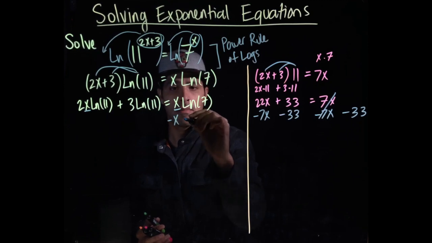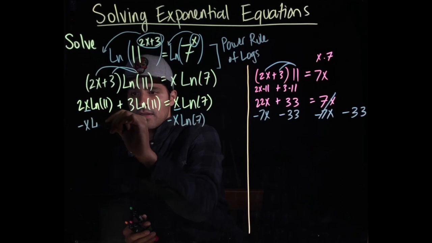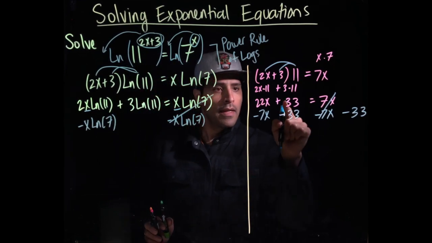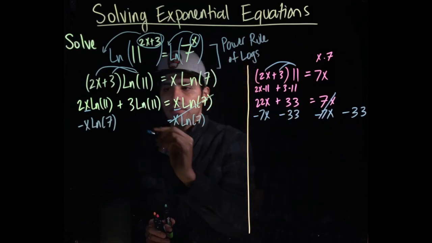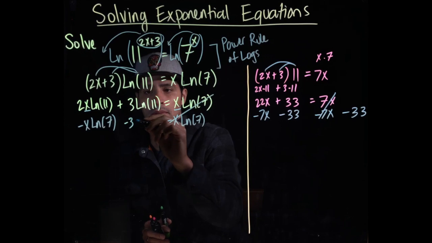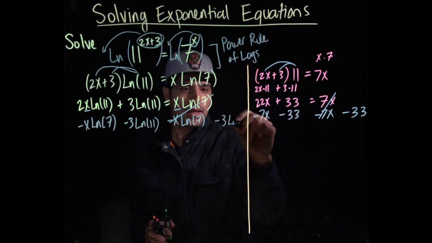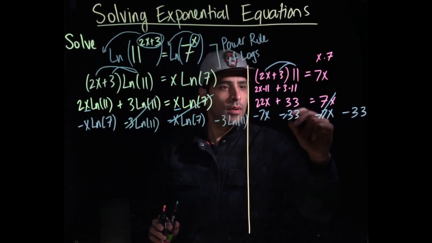So we're going to do minus x ln of 7, and then minus x ln of 7. It'll cancel off on this side. And then just the way we wanted to move the 33 to the other side by subtracting it off, we're going to subtract 3 ln of 11 and minus 3 ln of 11, like that. Now it cancels off, just the way this would cancel off.